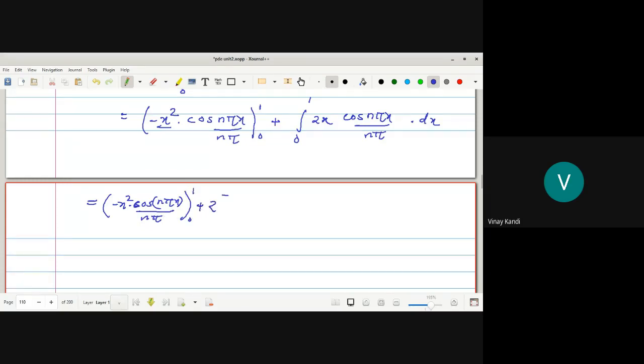Okay, this is 2 into, again use the u into v. 2 common आला बाहेर. First as it is, integration of second, cos n pi x, is sin n pi x divided by n pi. Limit from 0 to 1 minus integration of 0 to 1. Derivative of first is 1.